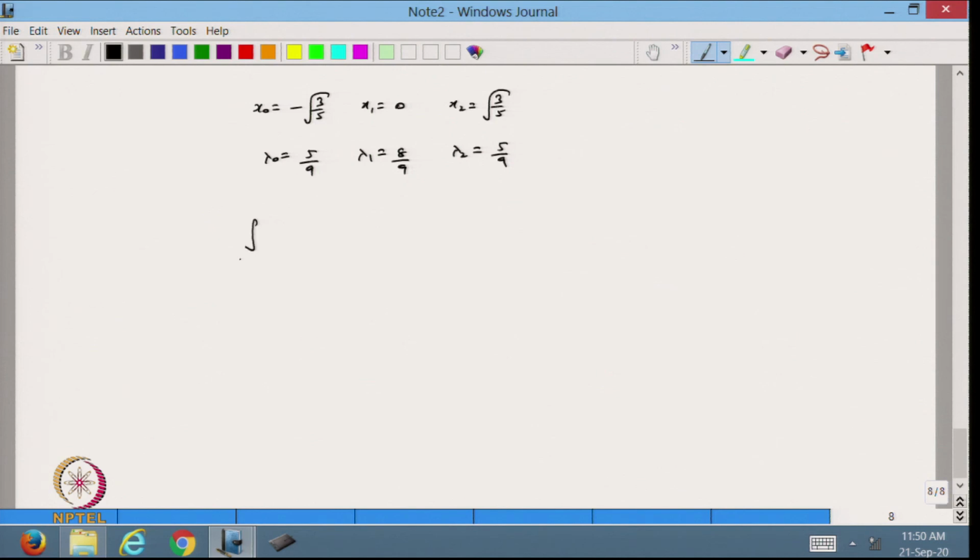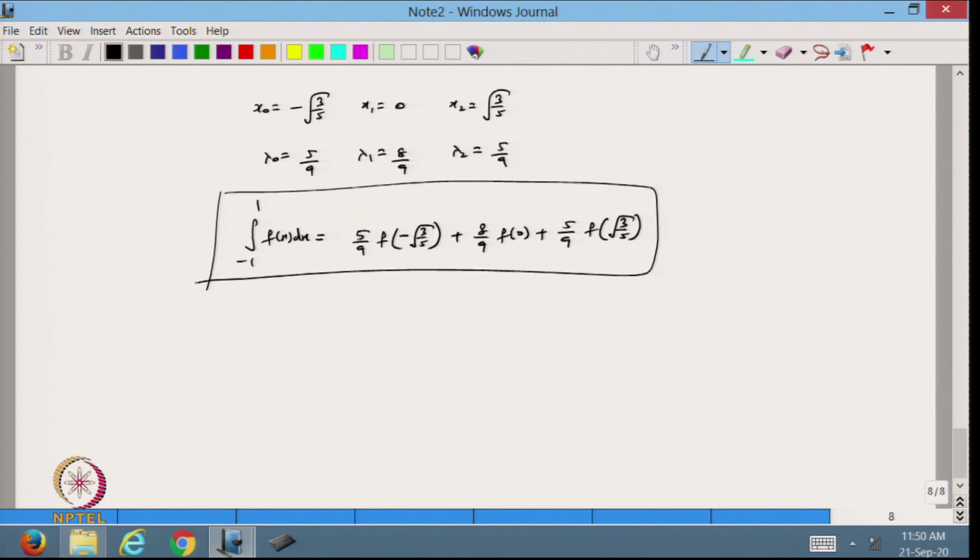So, from here I can write that this is equal to the integral from minus 1 to 1 of f(x) dx, which equals 5 by 9 f at minus root of 3 by 5, plus 8 by 9 into the value of the function at 0, plus 5 by 9 f at root of 3 by 5, and this root 3 by 5 is lying between minus 1 and 1. So, that is the Gauss-Legendre integration formula for this function.